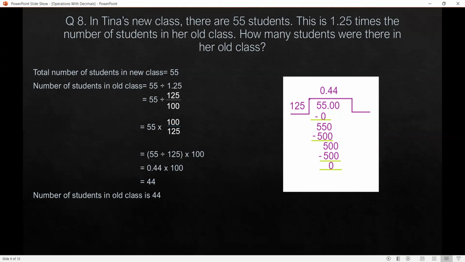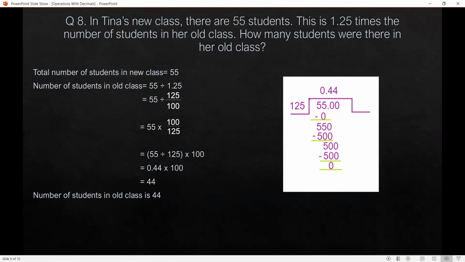So now we will write 55 into 100 upon 125. Now, after solution, what will we get? 55 divided by 125 into 100. So when we divide these two numbers, we will get 0.44 into 100.